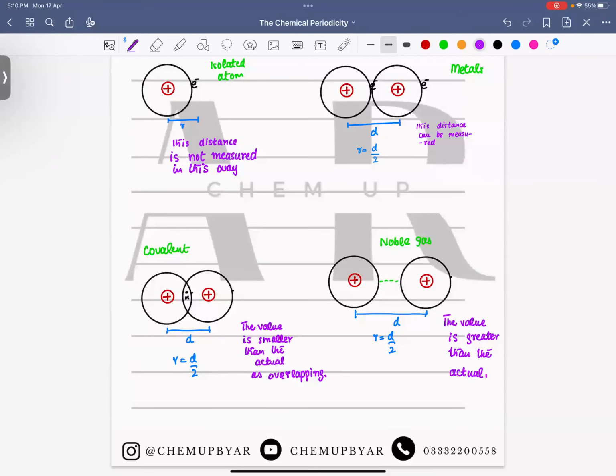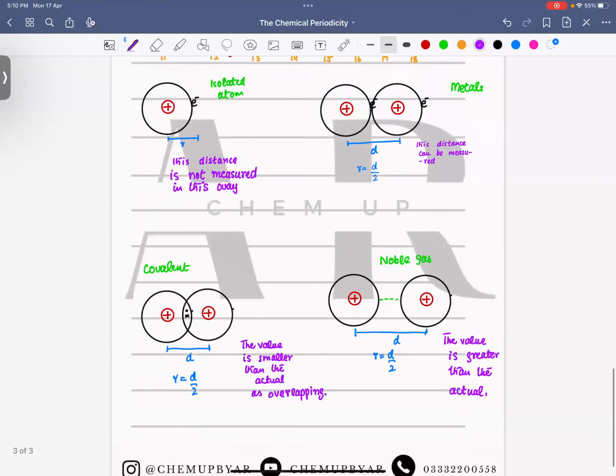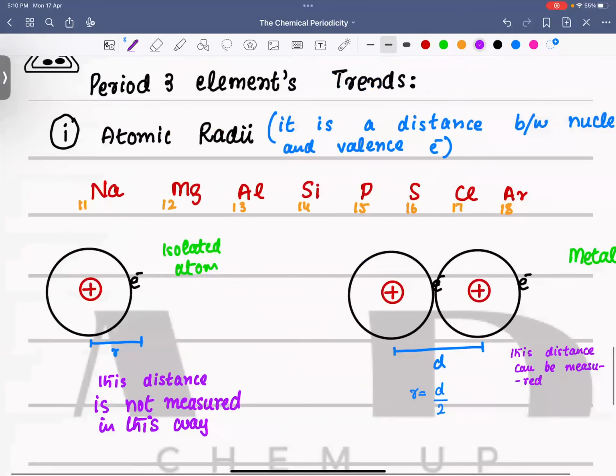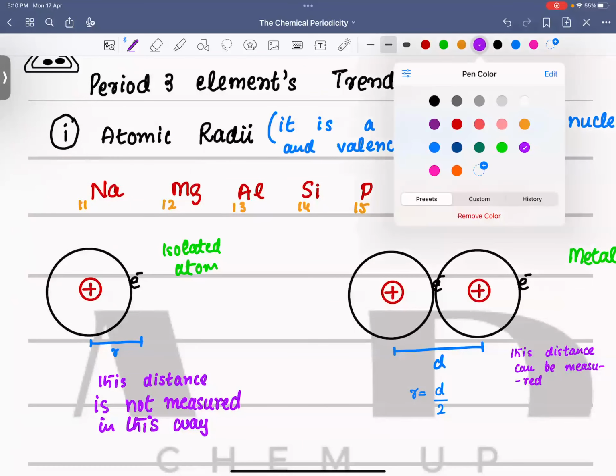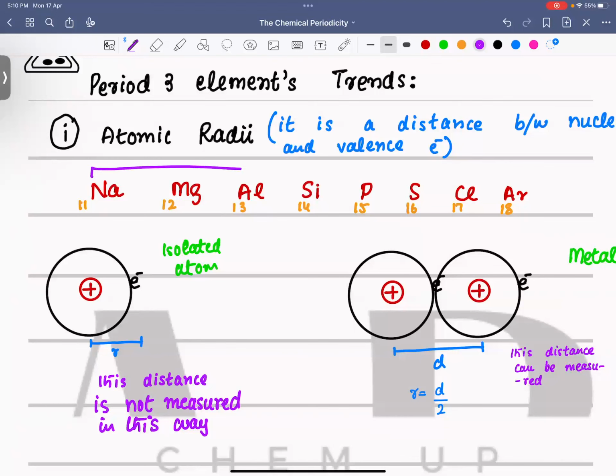So see over here, if you point out, you would see these are metals and these are non-metals showing the covalent bonds, and this one is a noble gas.